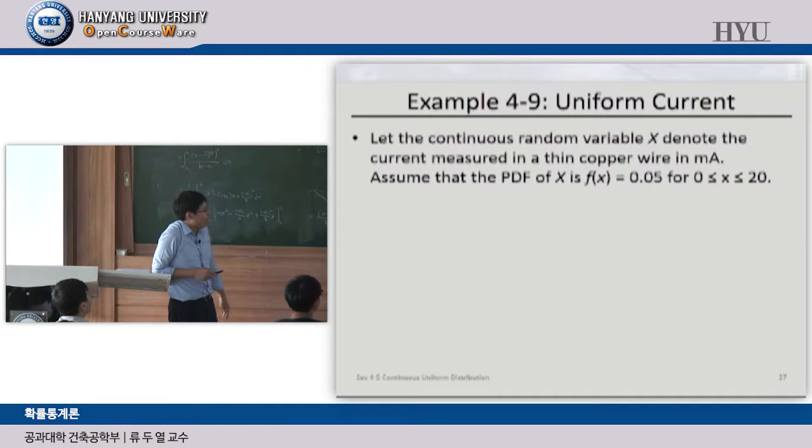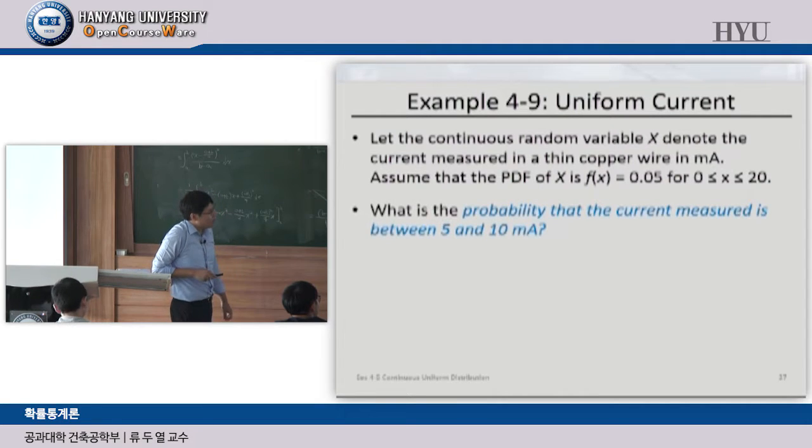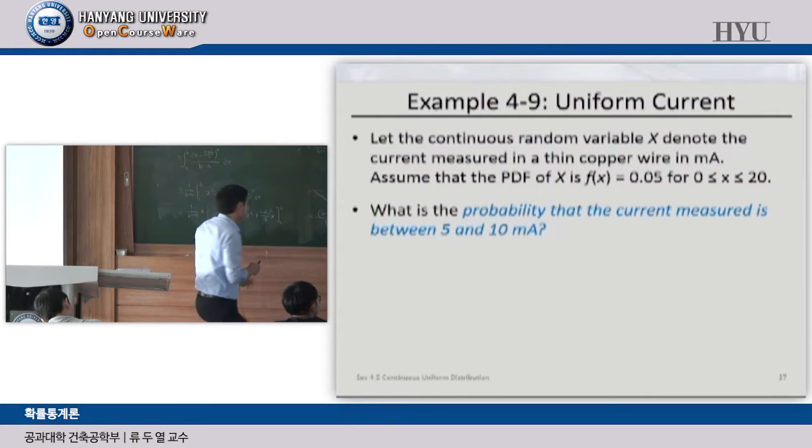Let the continuous random variable x denote the current measured in a thin copper wire in milliamperes, and assume that the probability density f(x) is equal to 0.05 when x is between 0 and 20. And what is the probability that the current measured is between 5 and 10 milliamperes?